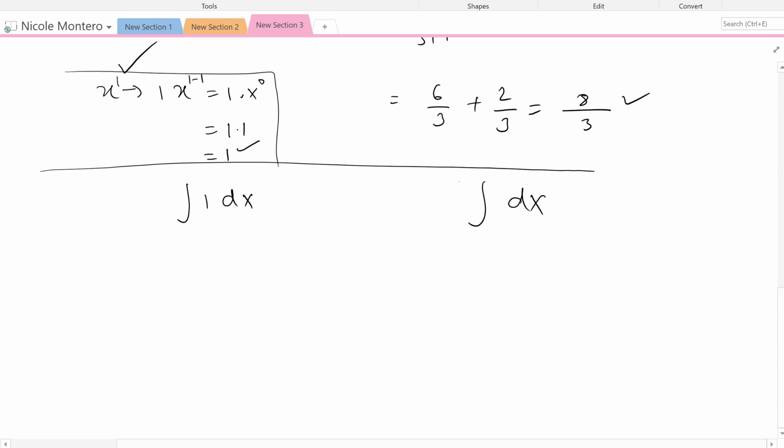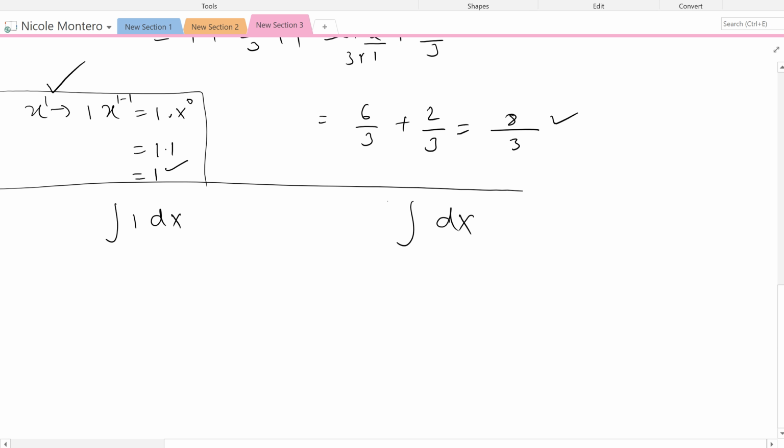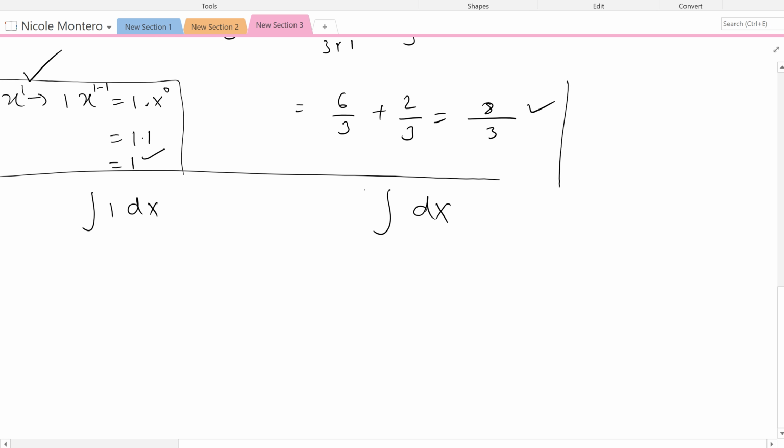Let me do another case, where you have x squared. The derivative is going to be 2, and then x raised to 2 minus 1, which is just 1. And the derivative of the base is just 1, so 2x. When you take the antiderivative of that, you will get x squared. And how do we do the antiderivative?